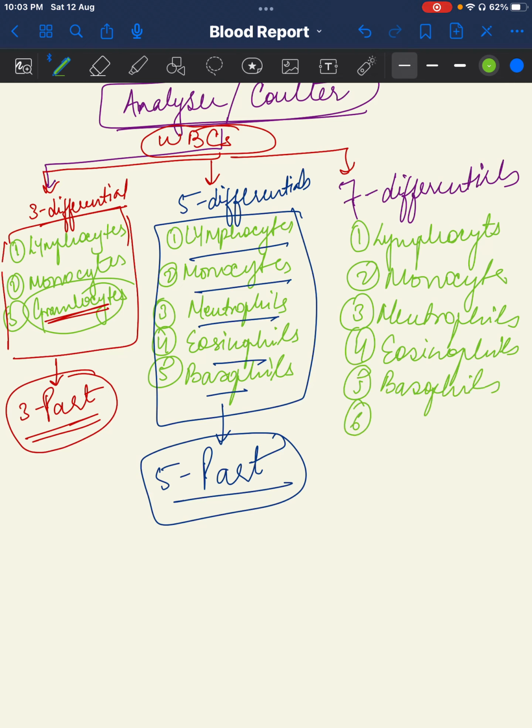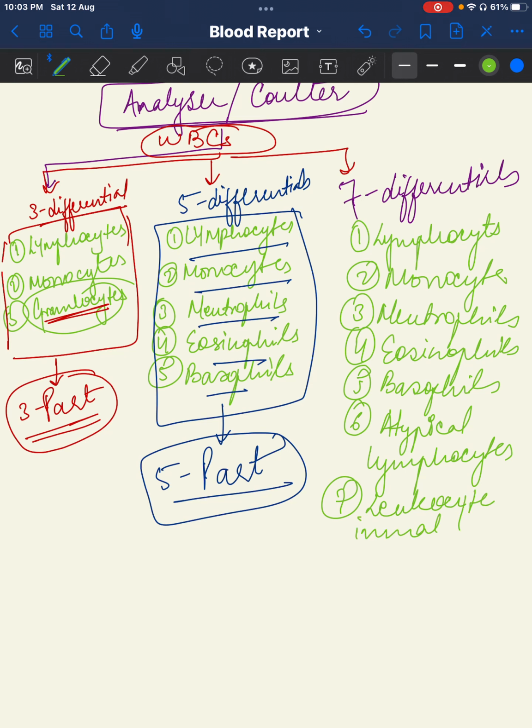Along with that, it will tell you about atypical lymphocytes, the leukocyte immature cells, or the blast, because the most immature cells are the blasts.